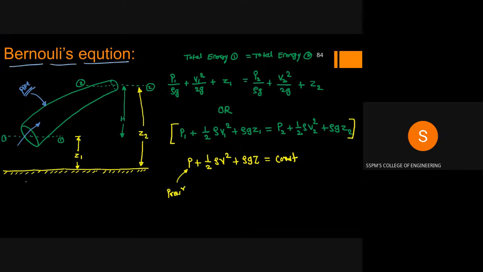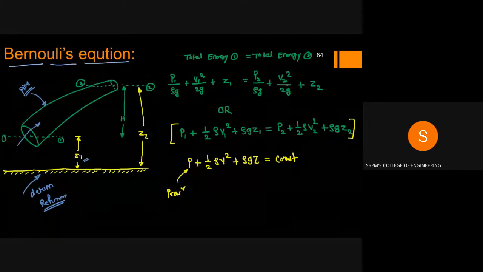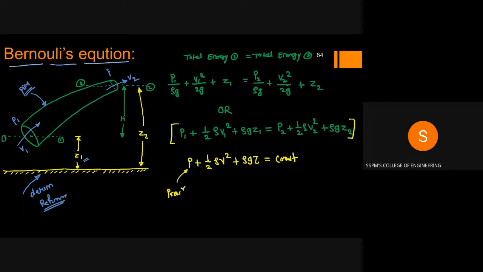This is the datum line, the reference, which we can consider as the ground. Section 1 is at height Z1 and section 2 is at Z2, the elevations with respect to the ground. The velocity of the fluid at section 1 is V1 and at section 2 it is V2. The pressure at section 1 is P1 and at section 2 it is P2.